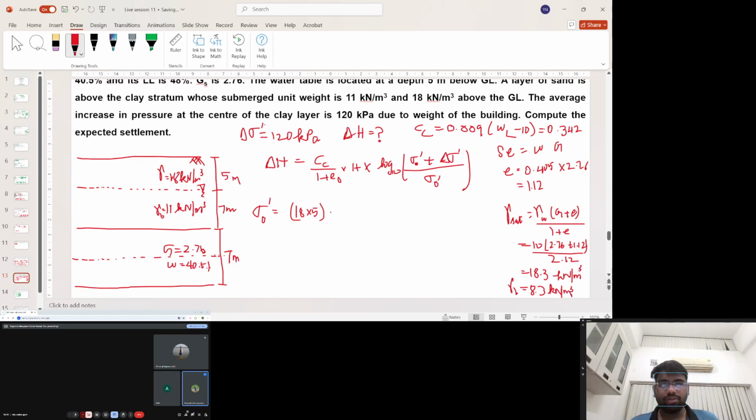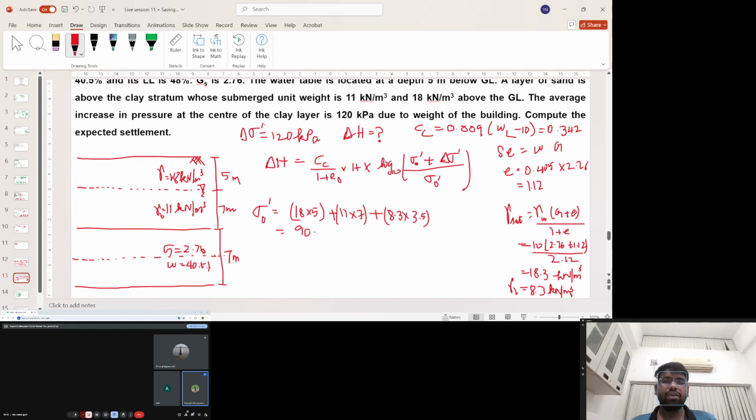So this will be 18 into 5 plus 11 into 7 plus 8.3 into 3.5.